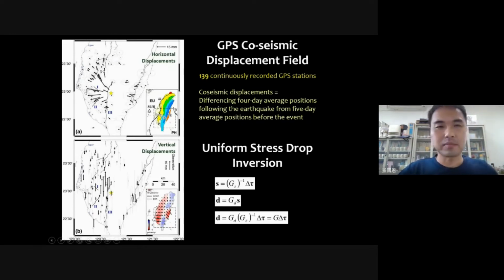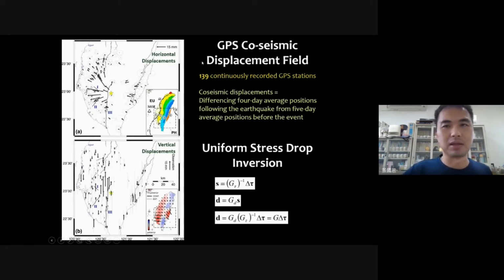Like here, this is a case study in Taiwan. The earthquake occurred over here, and based on the GNSS data or GPS data, we could calculate the displacement caused by the movement of the faults during the earthquake.